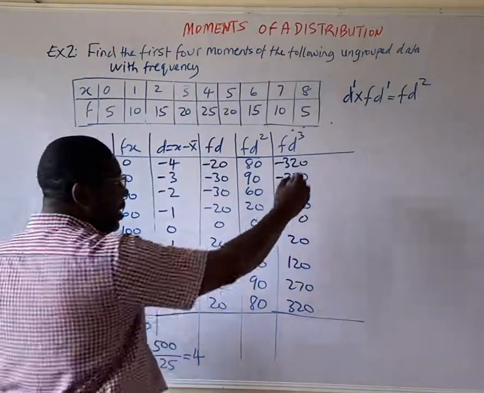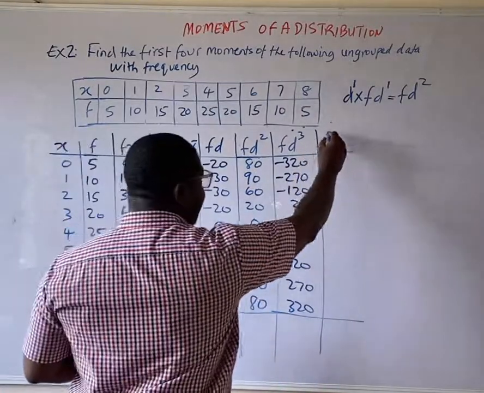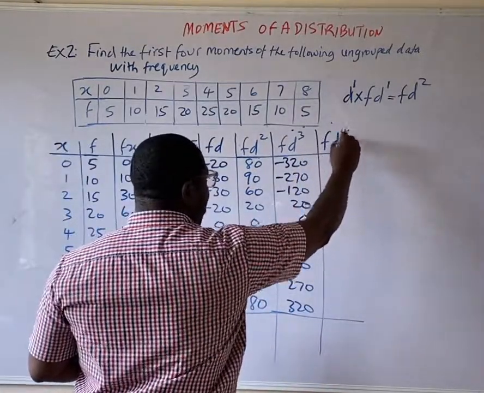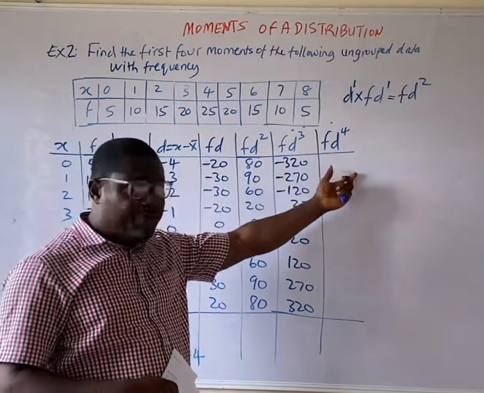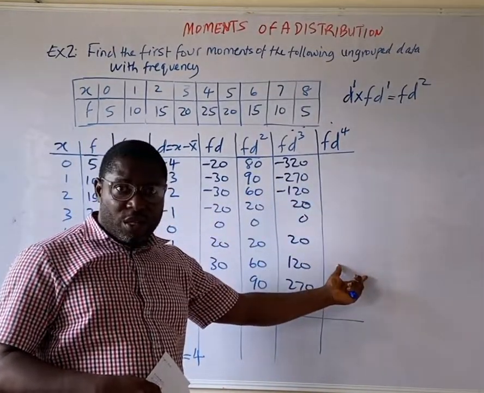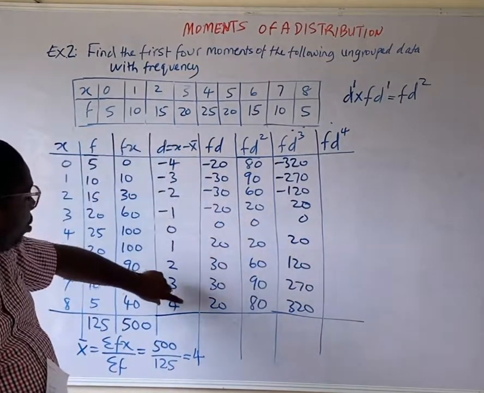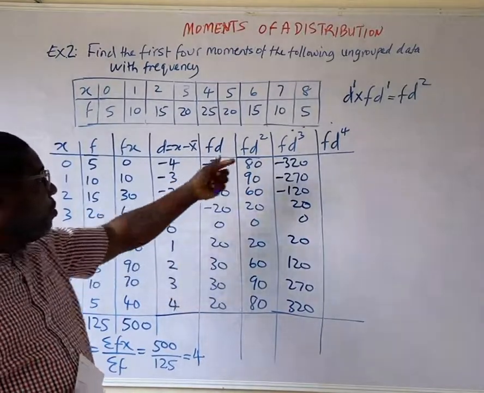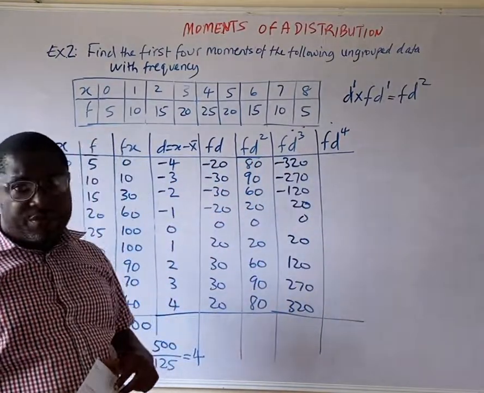Then let's look at the fourth degree deviation, which is fd raised to power 4. To get fd raised to power 4, it will be to multiply our deviation column. We have the deviation column multiplied by the values you have in fd.